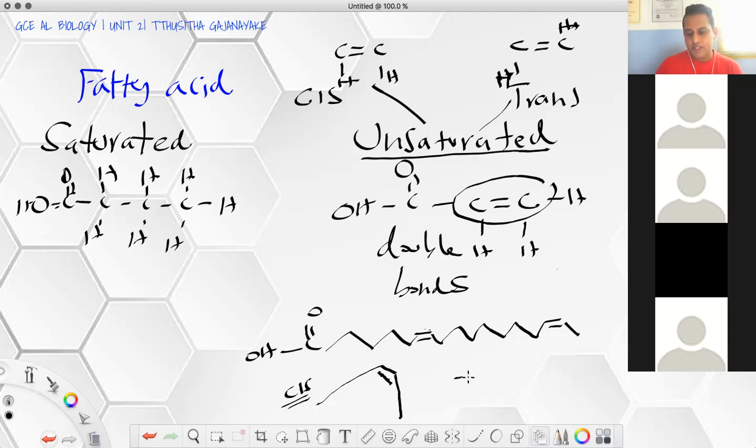But in trans fatty acid, even though they make the double bond, we don't see a bend because of the orientation of hydrogen. This bend is also called a kink, like this.